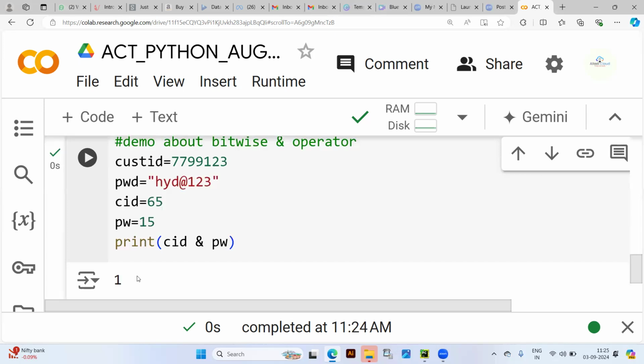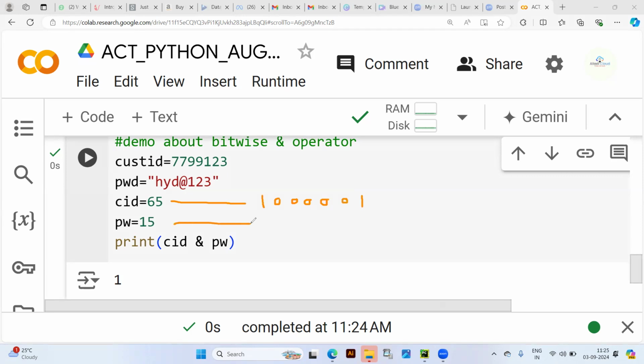Because we are dealing with a bitwise operator, right? Firstly, you have to take the equivalent binary value for 65. The binary value of 65 is 1 0 0 0 0 0 1. This is the binary equivalent of the decimal value 65.